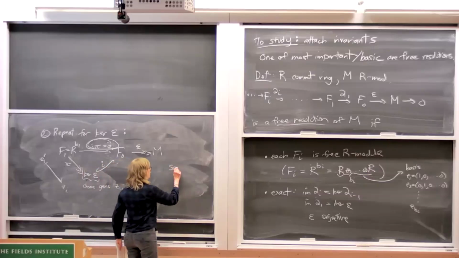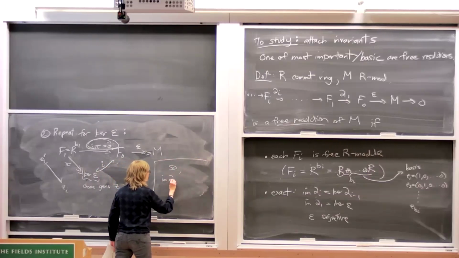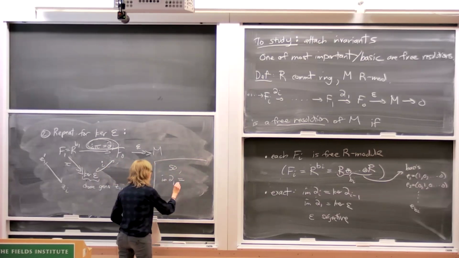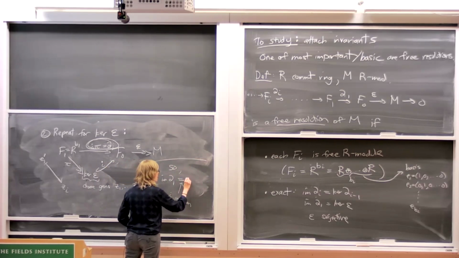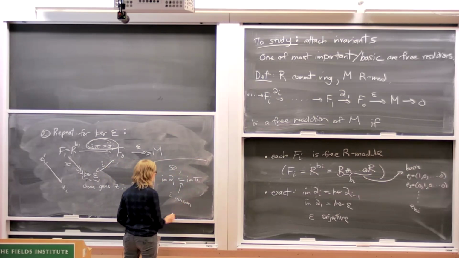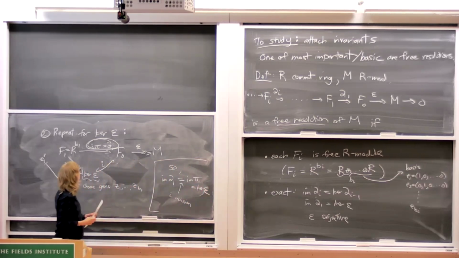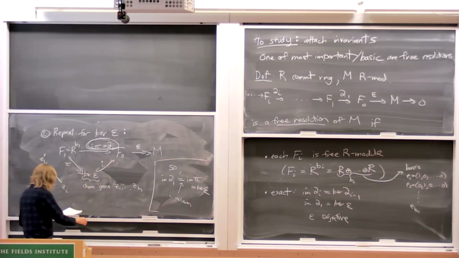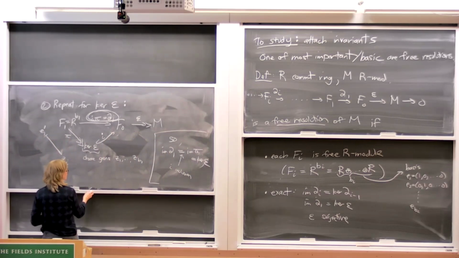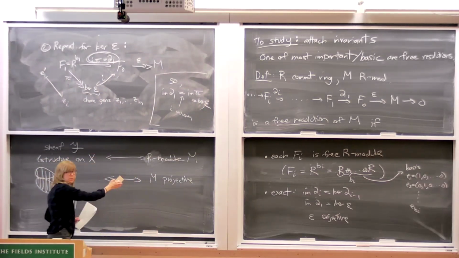By construction, the image of boundary 1 is the same as the image of pi, because I is an inclusion, so it's one-to-one, and that's the kernel of epsilon. So this is exact in this position F0. We're good. And then you just keep going. Any questions so far?